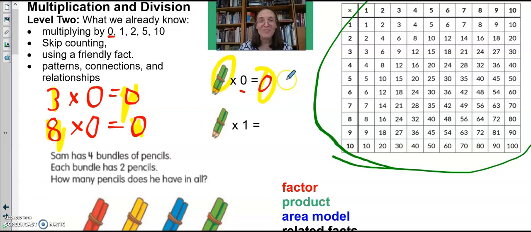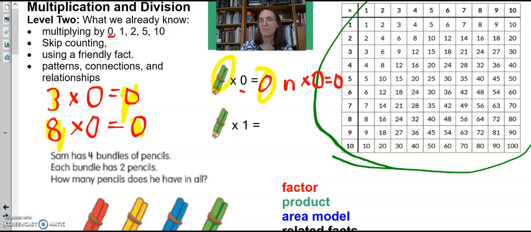And we can write that using a variable. I'm going to use a letter to stand for any number in the world, and I'm going to use the letter N for number. Any number times 0 equals 0. Even the number 28,572,3,564 times 0 is 0. You've got it. We're done with that.